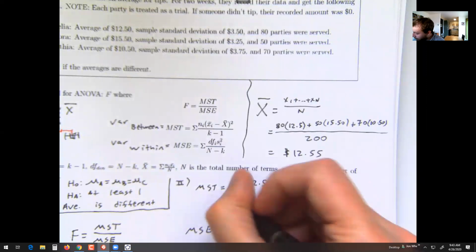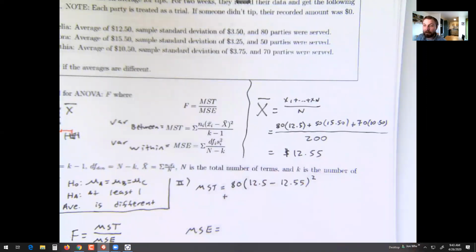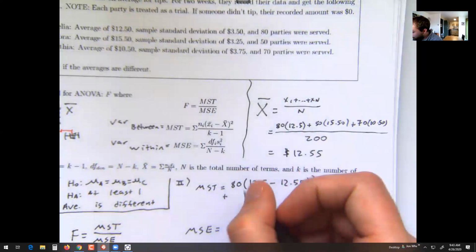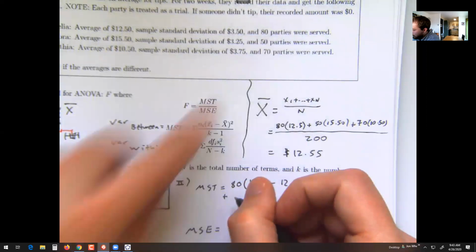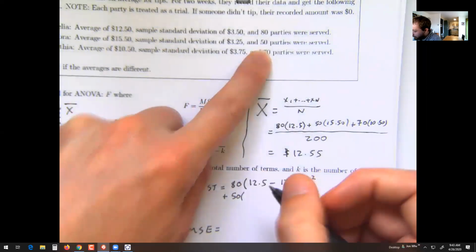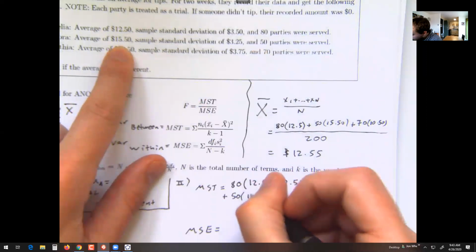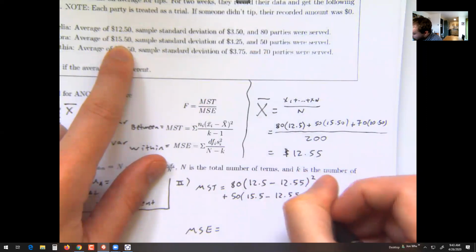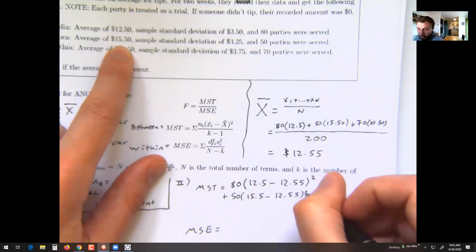I'm going to add these up vertically just so you can see the pattern, but I'm going to put parentheses over this whole set and do some division as well. The next person was Barbara. Barbara has a weight of 50 tables. Her average was 15.5, and I'm going to compare that to the overall average of 12.55.